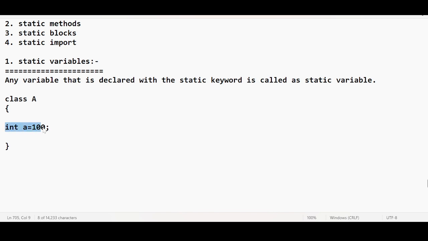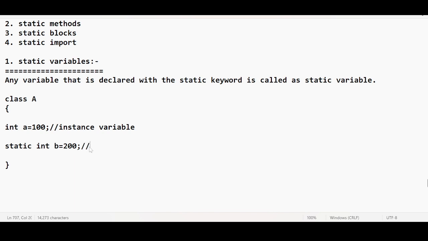This variable can be addressed as an instance variable. Yes or no? We know this already because no static keyword is used, and the variable is placed outside a method but within the class. So it is an instance variable. A static variable is such a kind: even if it is placed outside the method but inside a class, it comes with the static keyword, static int b = 200.